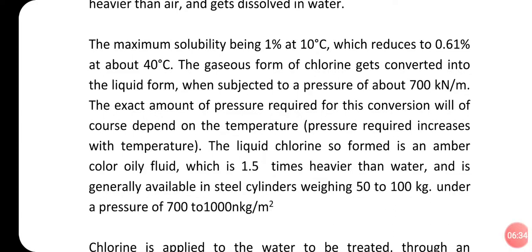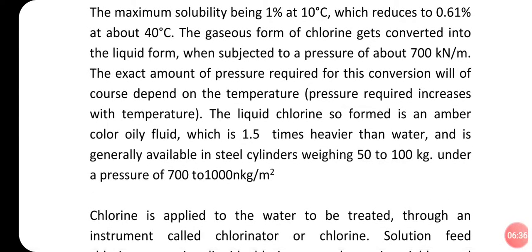Okay. So the pressure, what is the pressure? And generally available in steel cylinders, what is the steel cylinder? Steel cylinders weigh about 50, the gas containing 50 to 100 kg under the pressure of 700 to 1000 kg per square meter.